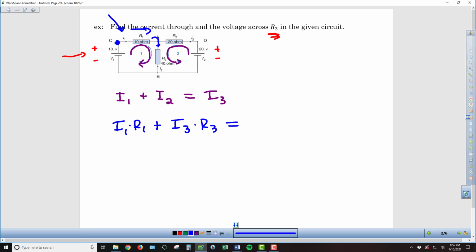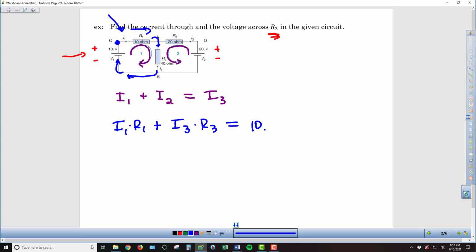And then finally, we continue around this loop, and the last thing we do is go through this battery, and we're going through this battery the correct direction, from the low potential to the high potential side. So that means we have a step up in voltage of 10 volts. So these 2 voltage drops, I1 R1 and I3 R3, have to add together to equal the voltage step up that we have on the other side.